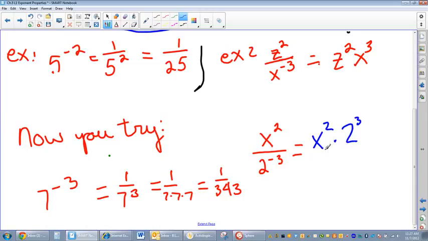Alright, what did you do? Okay, what is 2 cubed equal? Okay, done. So what was your final answer? So this is what we have right now for Alicia. We have x squared times 8. Jeffrey, is there anything else that we can do to x squared times 8? No. Okay. What's your answer, Alicia?